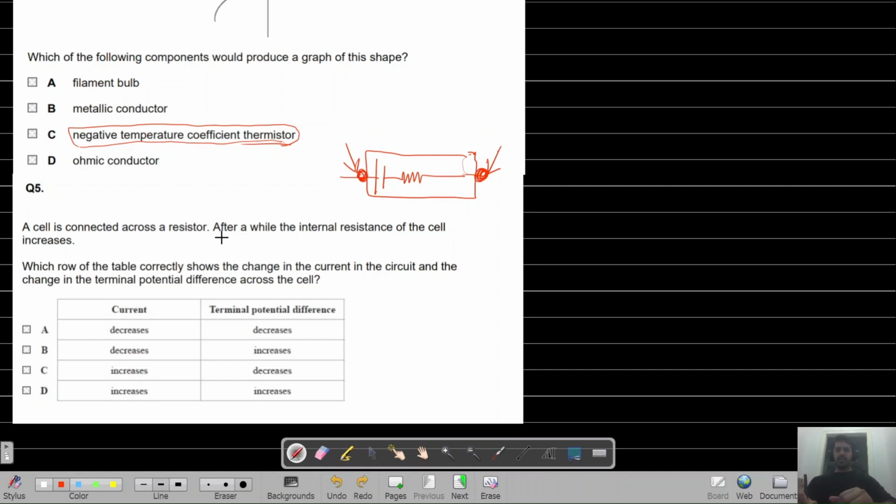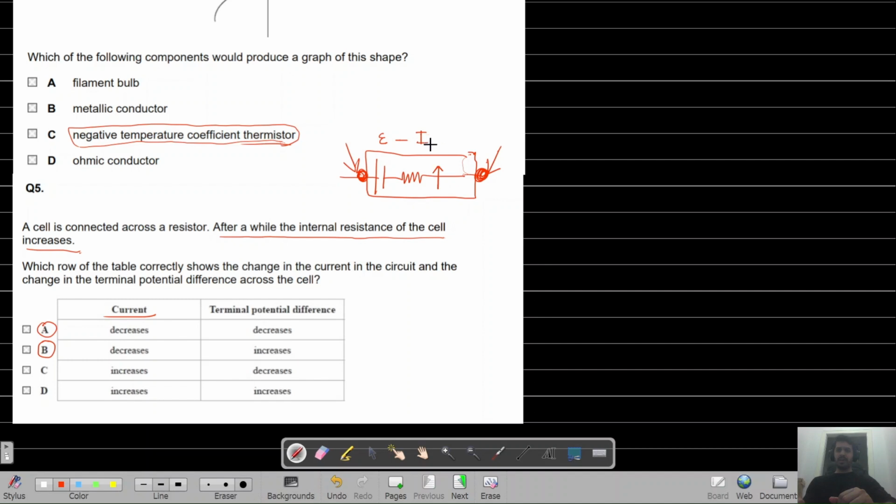So the question says that after a while, the internal resistance of the cell increases. That means that we are increasing this internal resistance, which means that the current will decrease. So it is either option A or option B. Now, what will happen to the terminal potential difference? We know that if you increase the internal resistance, this EMF, some of the potential will drop here across this internal resistance.